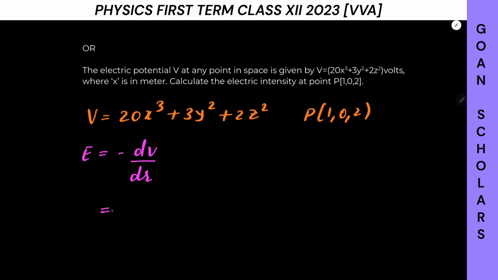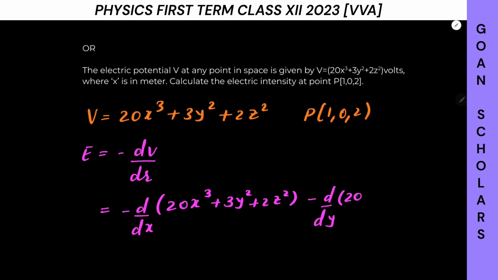So what we will do, we will differentiate it with respect to x first. So d by dx of this whole thing. When you are differentiating with respect to x, you will keep y and z as constant, minus d by dy of this whole thing, 20x cube plus 3y square plus 2z square.